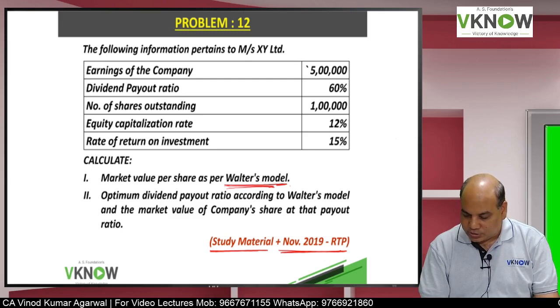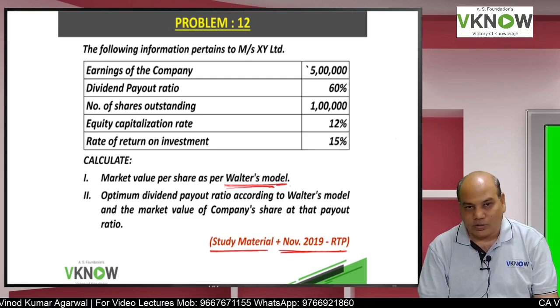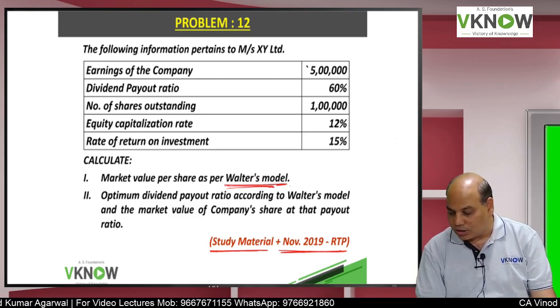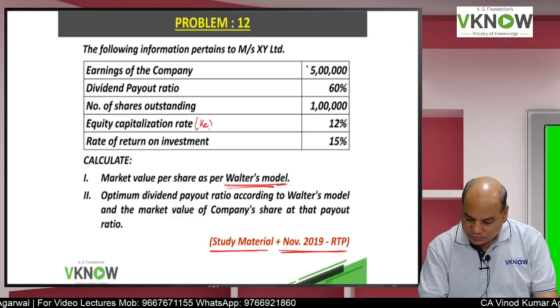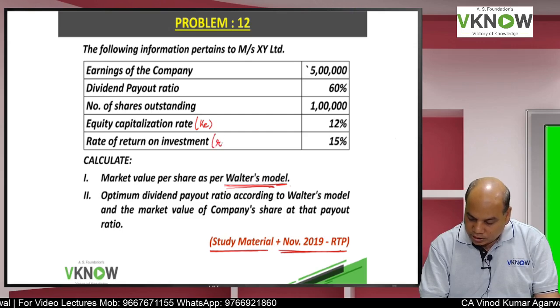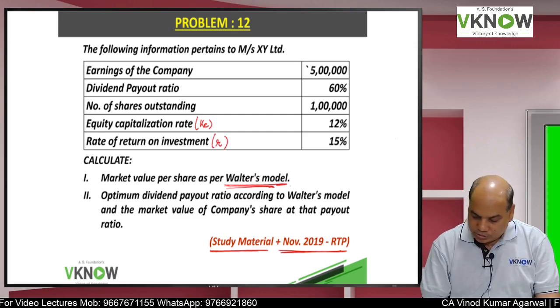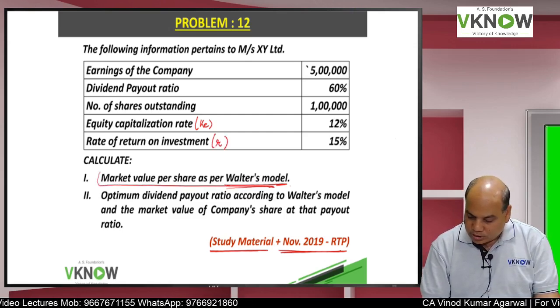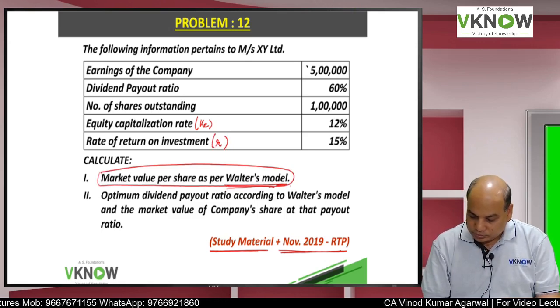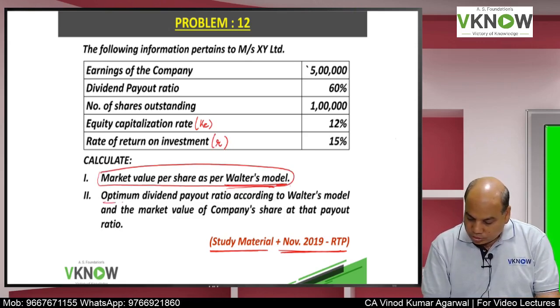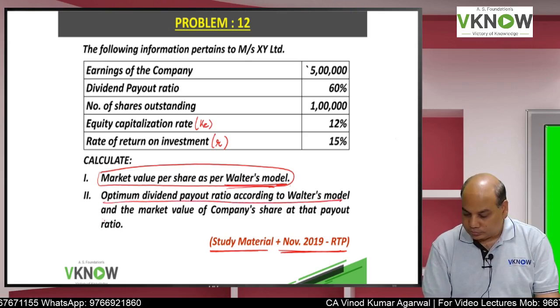Dividend payout is 60%. Number of shares outstanding is 1 lakh. Equity capitalization rate is 12%, that is KE. Return on investment R is 15%. Compute the market value as per Walter model, then the optimum dividend payout ratio according to Walter model.